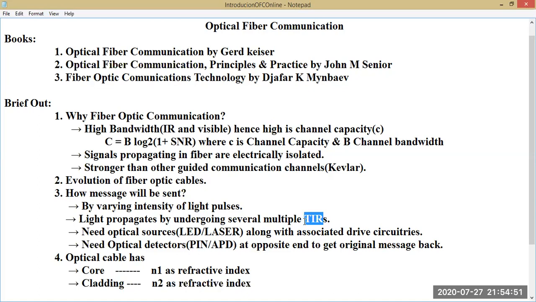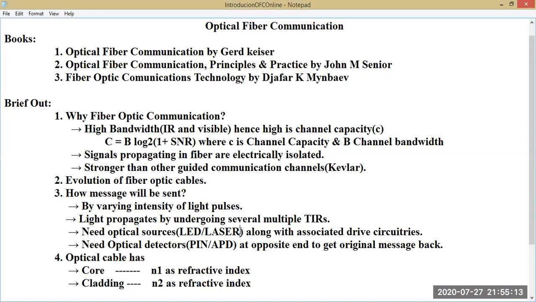And so it means that we need to launch this light pulse into the optical fiber cable. Therefore, to launch this light pulse into the optical fiber cable, we either have to use a light emitting diode as the optical source, or else we could also use one more optical source, and that optical source is said to be laser.